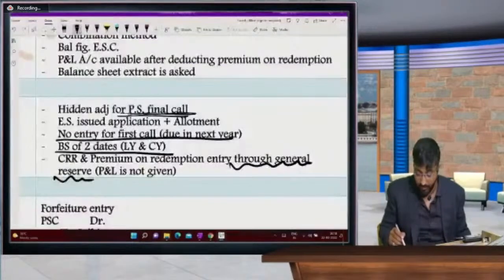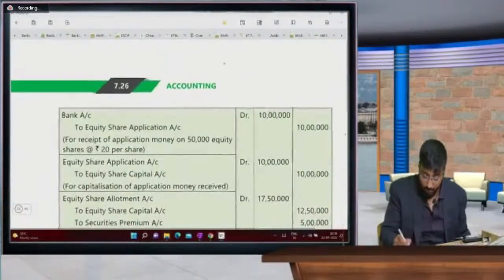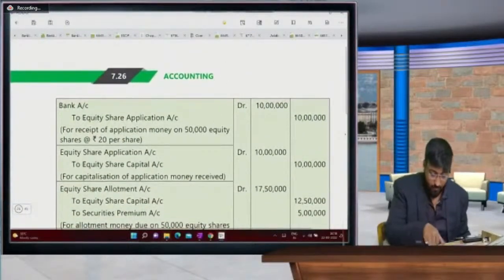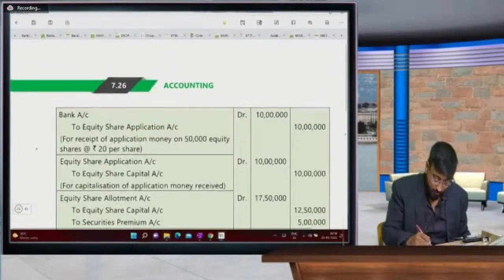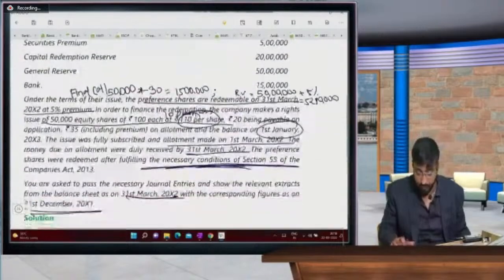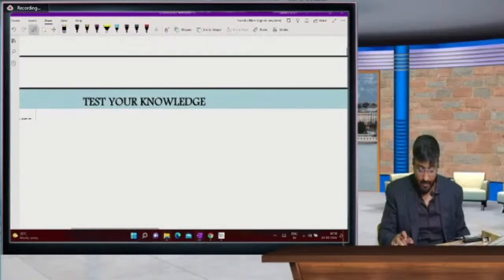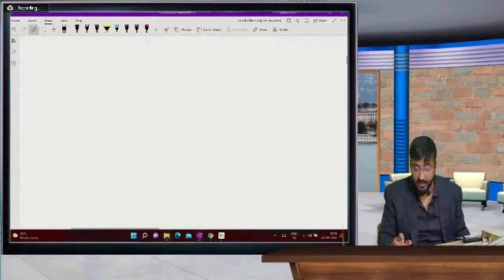Okay, beta. So now, first entry you can check here. Yes. Now forfeiture, I'm going to explain it in the next session.